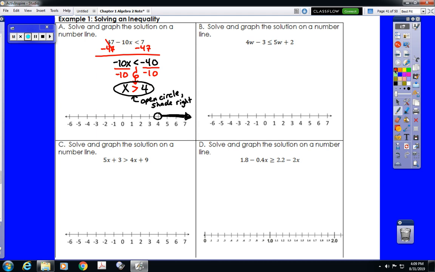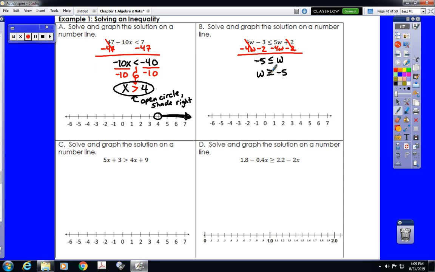Okay, on the next one, we have a variable on each side. That doesn't change much. We're going to subtract our variable to one side and our number to the other. Now you'll notice that I accidentally set us up to have our variable alone on the right side of the inequality. Well, that's not convention. Convention says that we should reverse that.